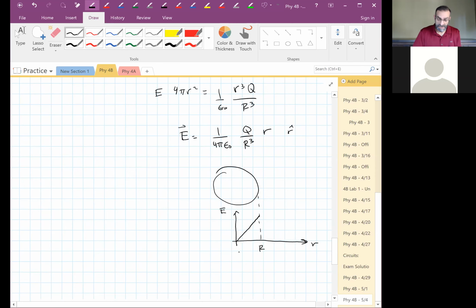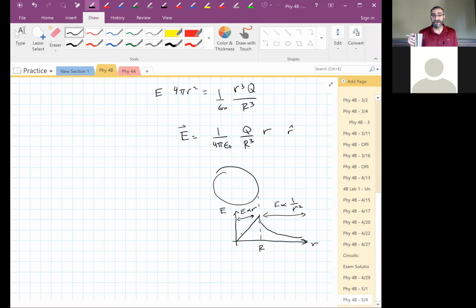And then as you go outside, it just drops off as 1 over r squared like any point charge would. It's not a very good smooth curve, is it? Something like that, right? E is proportional to 1 over r squared in this region, E proportional to r in this region. Okay, so we've got E everywhere now.